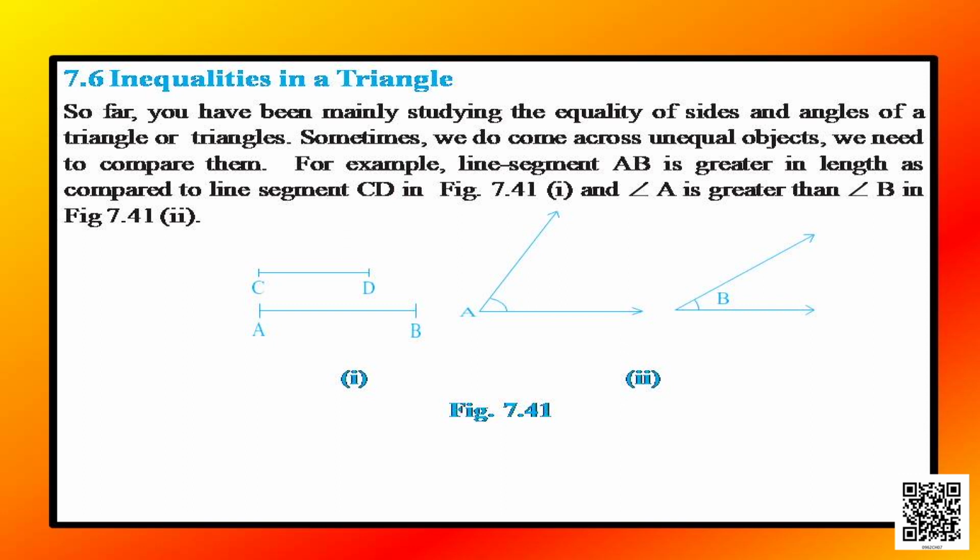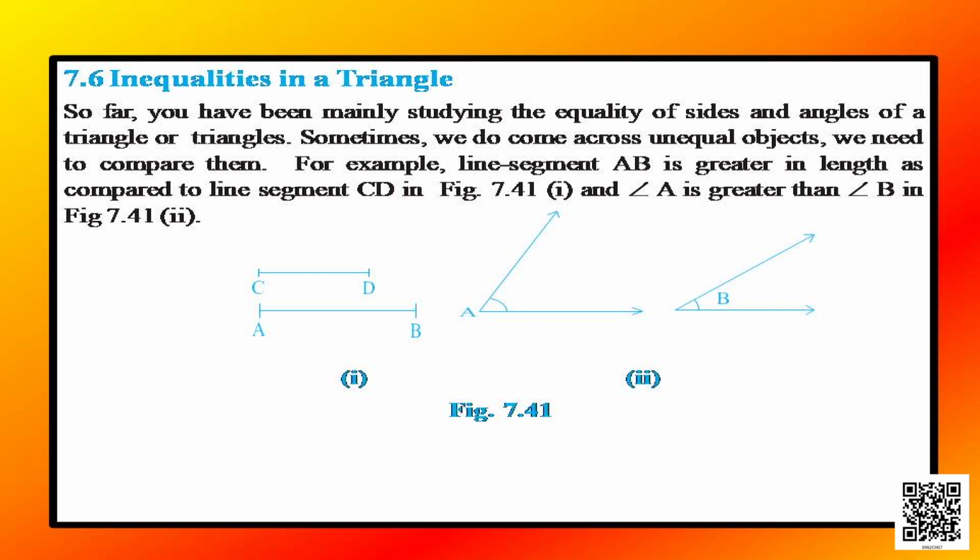We need to compare them. For example, as given in your book, line segment AB is greater in length as compared to line segment CD, and angle A is greater than angle B.